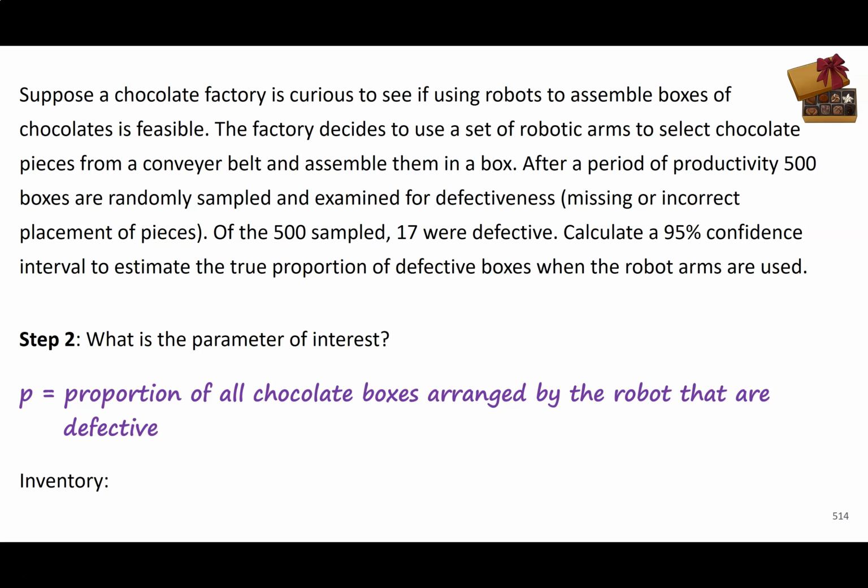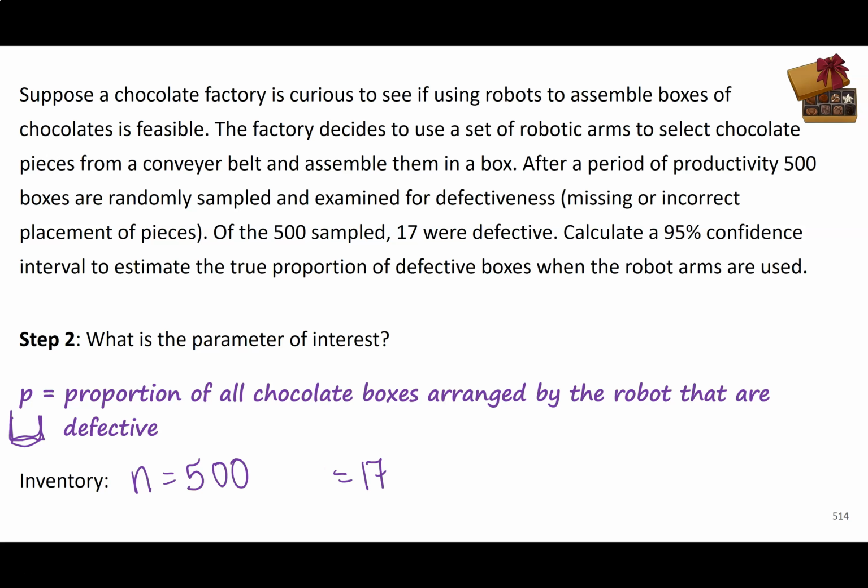So my parameter of interest is going to be p, because I want it for the population. I want to make a statement about all the boxes that this particular robot arm makes. So the proportion of all chocolate boxes arranged by the robot that are defective. And then the inventory: I have a sample size of 500. That's quite a bit. It's a big sample size. I have 17 observations that were defective.